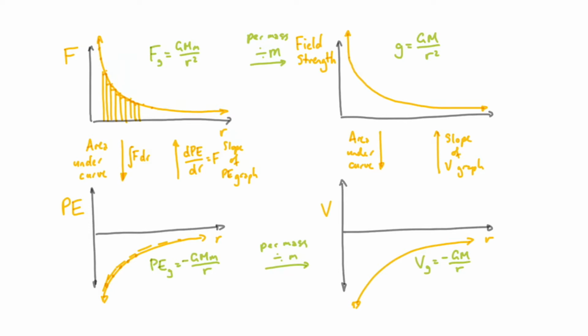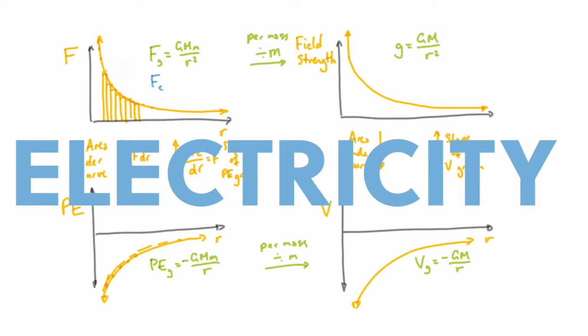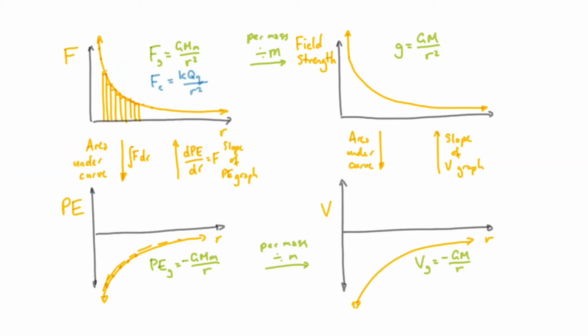Okay. Now let's look at electrostatics, or electricity should I say, and the electrostatic or electricity force is kQq on r squared. Now this is per charge, or divided by little q. We have E being the electric field strength is kQ on r squared.